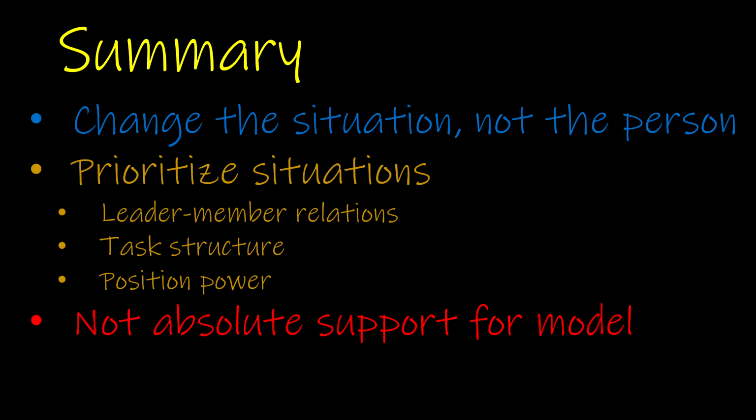And we also want to recognize that there's not absolute support for this model, and there are a few areas where the intuition behind the model is not all that strong. However, having said all of this, Fiedler's model is still a pretty good basic model that we can use for some nice insights into leadership and how we can put leaders in good positions to succeed.